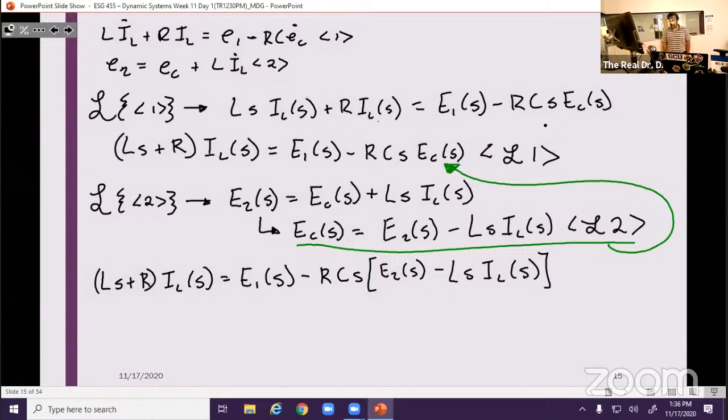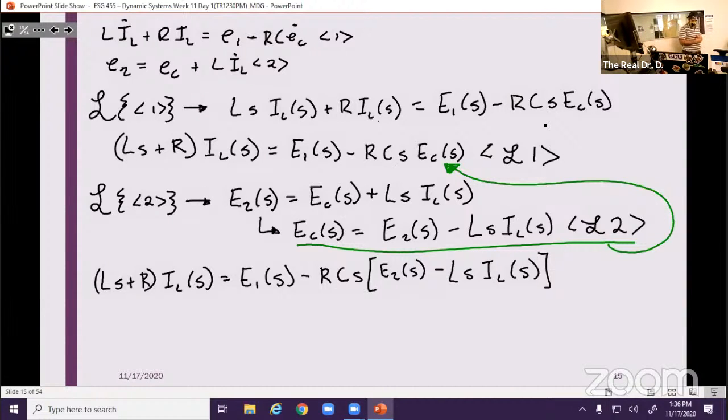Let's take a look at that. I've got everything in terms of I_L, E1, and E2. So we are pretty good to go. What now?